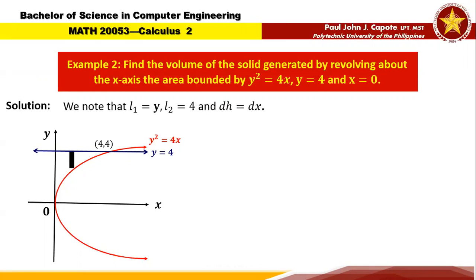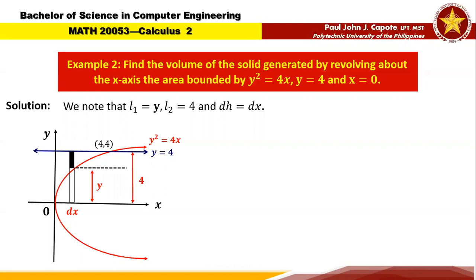We note that L sub 1, which is the distance of the lower end to the x-axis, or say L sub 1 is the measure of the lower base from the axis of rotation, is equal to y. And L sub 2, which is the distance of the upper end to the x-axis, is the measure of the upper base from the axis of rotation, it's equal to 4 units.